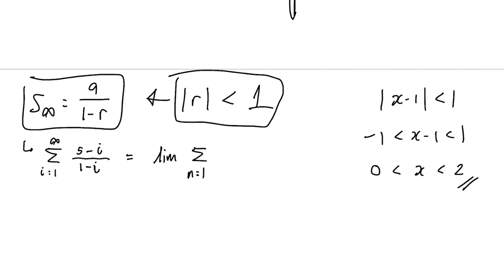Change the running variable. We call this the running variable. It keeps running, from 1 to infinity. i goes to 1, i goes to 2, i goes to 3, and so on. Let's say we stop at a letter n here, and then we take the limit as n goes to infinity of the same expression. This is equivalent.